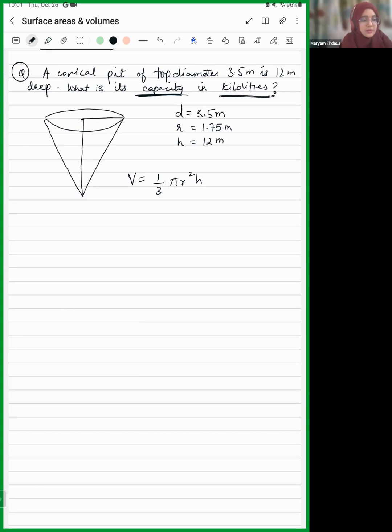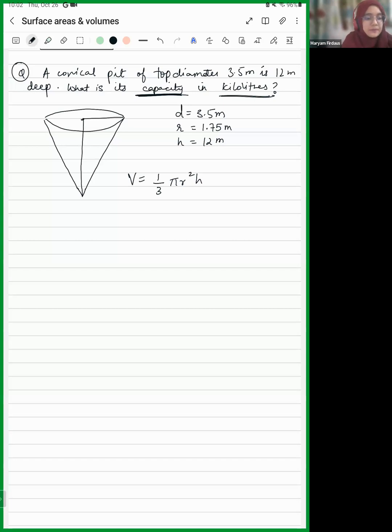What is the formula for capacity? What are we talking about here? Yes, Abdul Rahman, what is capacity? Not sure. You're not sure? Okay, very good. Excellent.